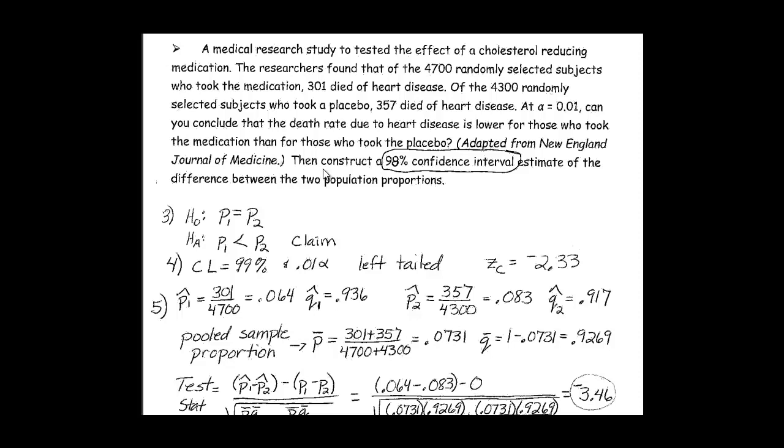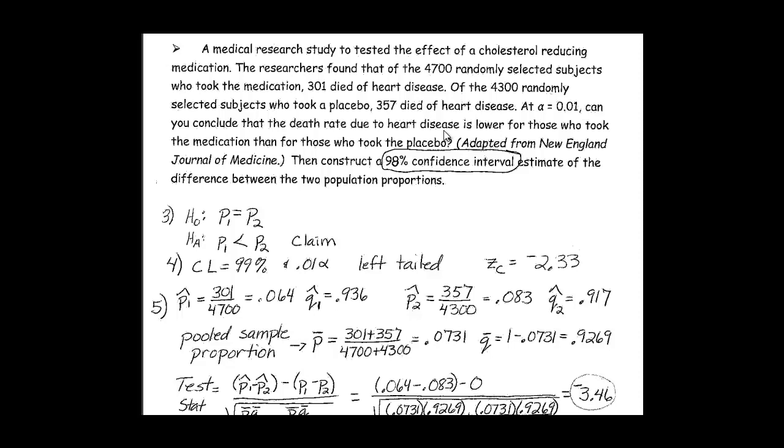After we've done that hypothesis testing, we are going to construct a 98% confidence interval estimate of the difference between the two. Now, you're going to look at this and go, whoa, why 98%? Because we just said we had alpha of 0.01, which would be a confidence level of 99% for the hypothesis testing.